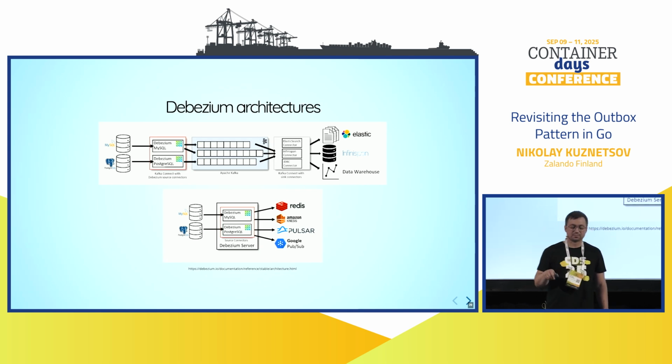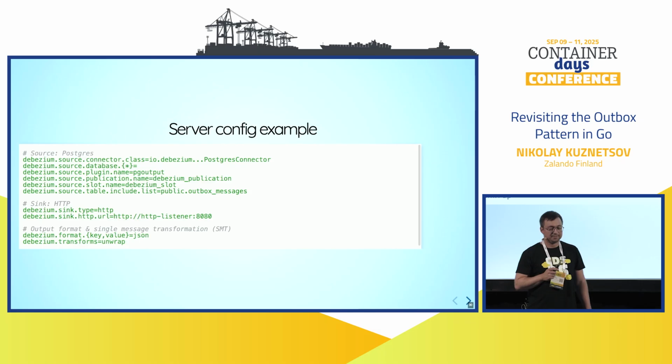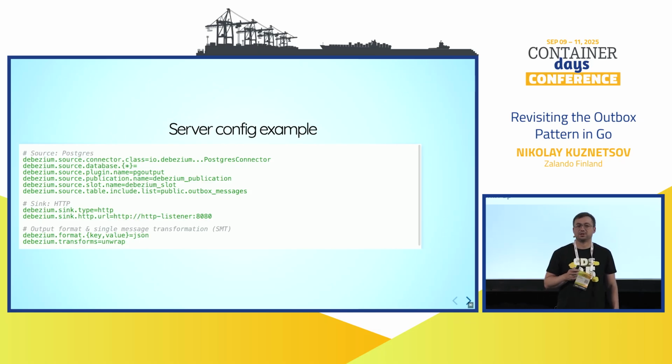The image below is the architecture of a standalone server, which can be run in a Docker container. It has connectors to read from the WAL file of Postgres or the binlog of MySQL, and then it can publish the data. To give you a flavor of how it can look in a config file, you just run that in a Docker container and provide some config file. For example, you configure the source.